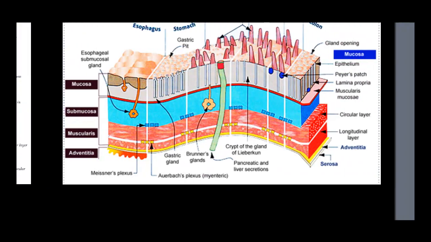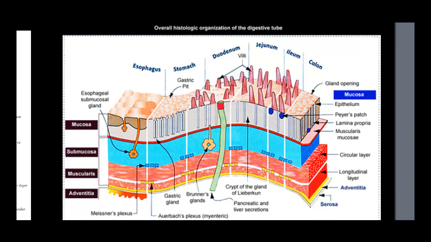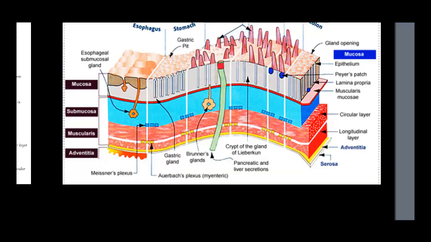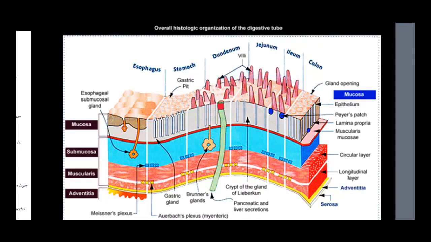So here's a really nice picture of this histological organization of the digestive tube. And we see along here the esophagus, stomach, the intestine. This is small intestine.